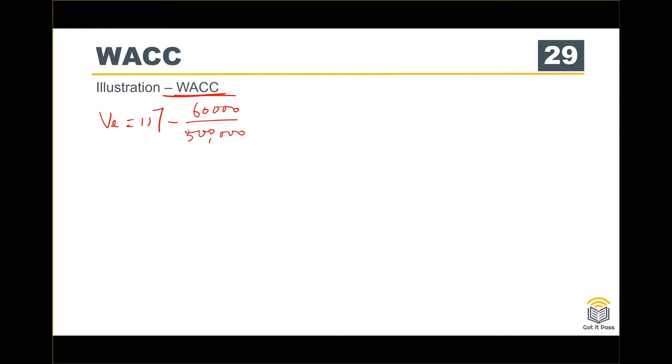So we find the ex-dividend price. If I work it out, it is 117 minus 12 cents, so it is 105, the ex-dividend price.